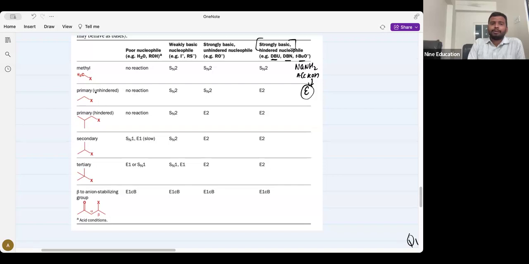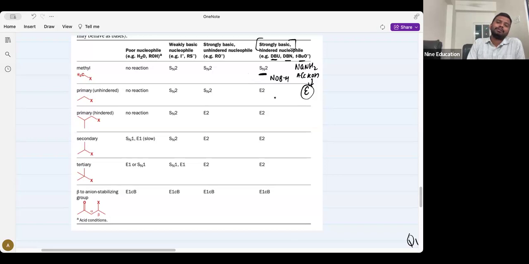So you have, let's say, primary, then it will give E2 only. In methyl, you cannot do E2 because there is no hydrogen. You cannot make a simple CH3 double bond, so you have to do SN2 because no beta hydrogen.